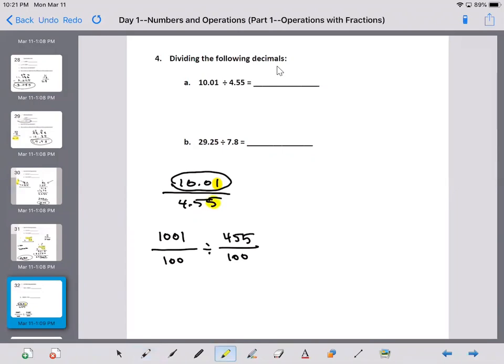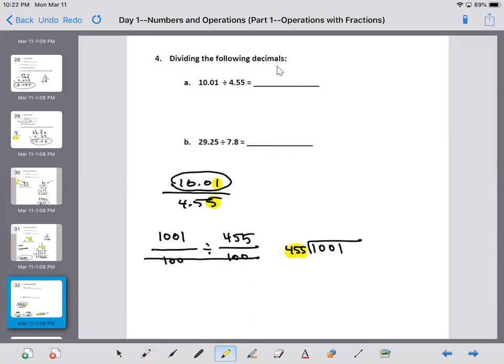So with that method, you can look at it this way: if you divide 100 by 100, that goes to 1. And so now you're left with 1001 divided by 455. Notice that my divisor is a whole number.